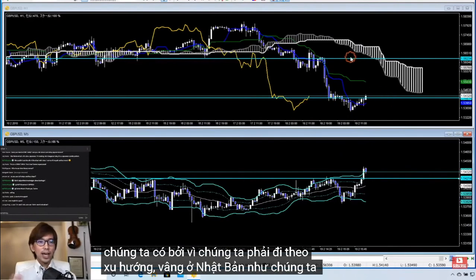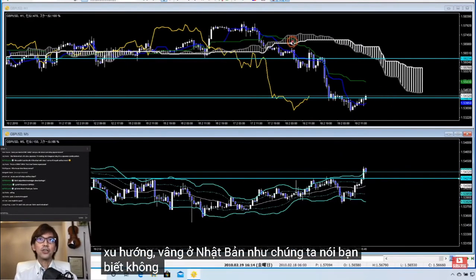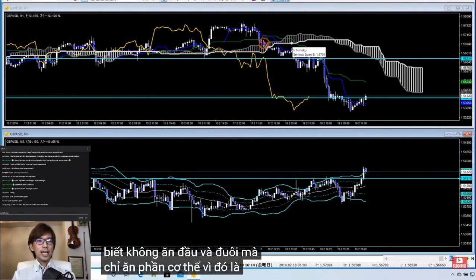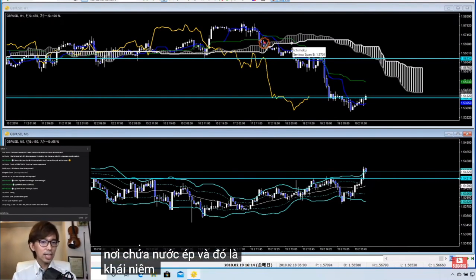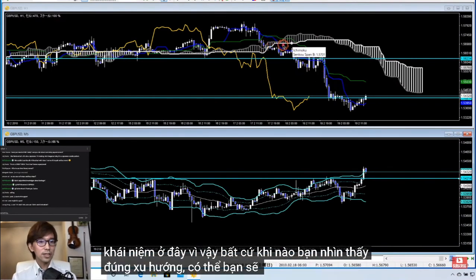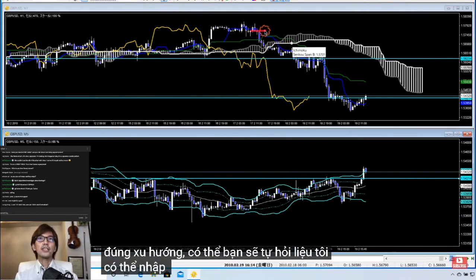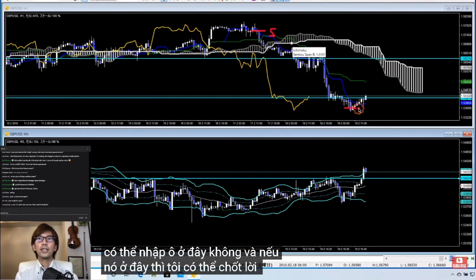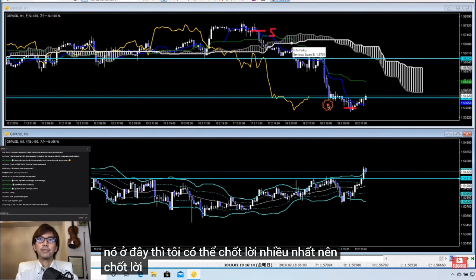So yeah, in Japan we say, don't eat the head and tail, but just eat the body part, because that's where the juice is, and that's the concept here. So whenever you see the trend, maybe you wonder, if I could have entered a sell here, and if I exit here, I can take the most profit, right? Take profit.